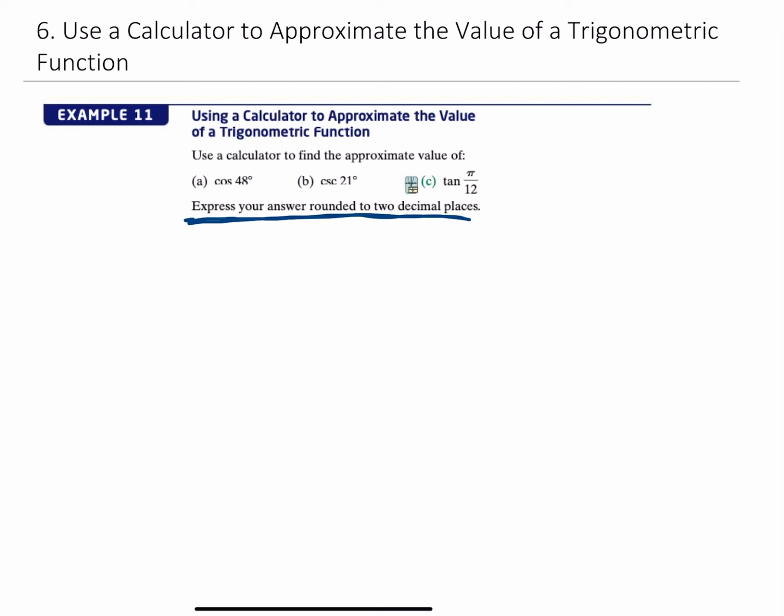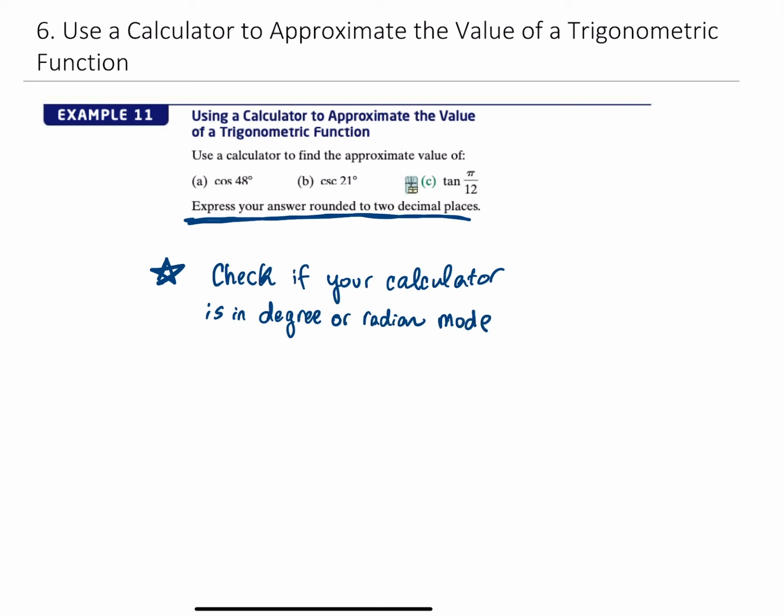So try plugging these in. I'll just make a special note: check if your calculator is in degree or radian mode before plugging in. If you see the little degree sign, that means you're plugging in degrees.